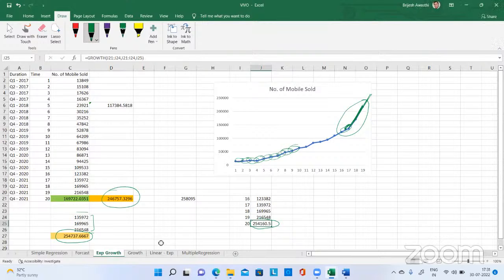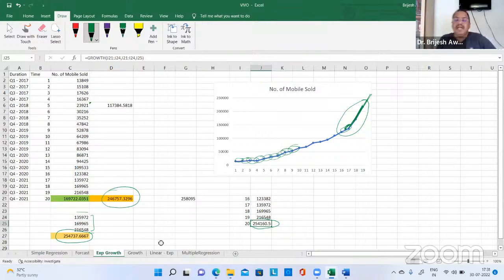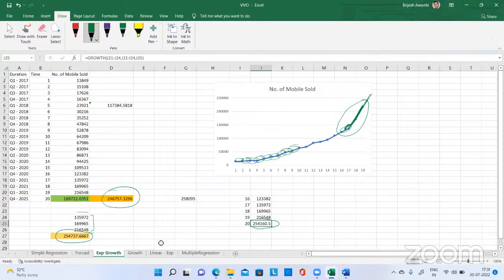Suppose I'm talking about population. We have data related to the population of the last seven decades, right? Yes, sir.